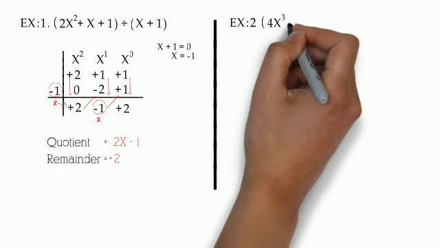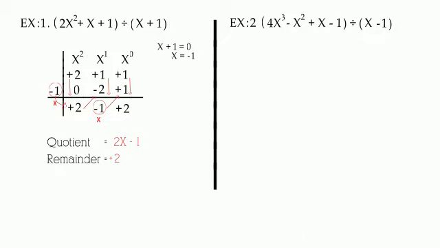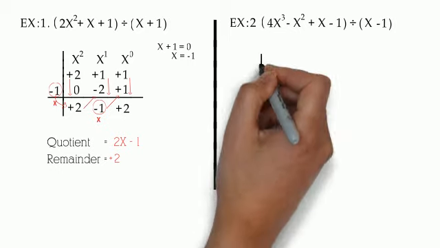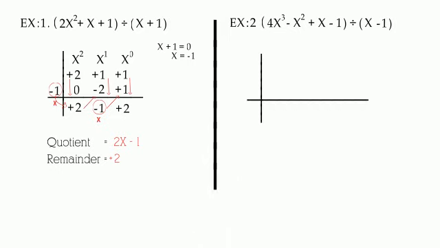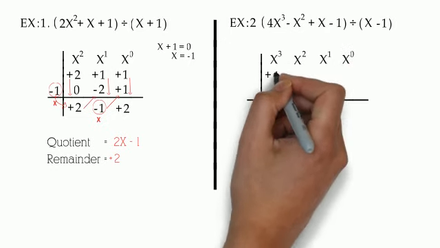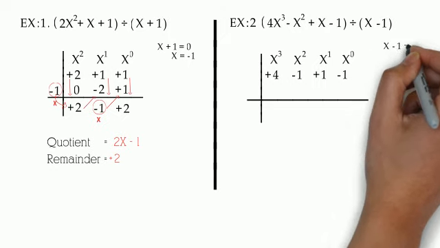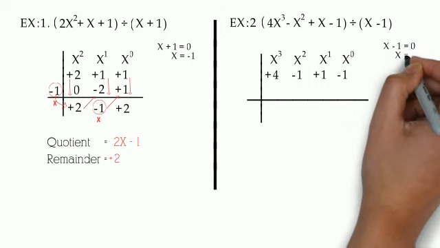4x cubed minus x squared plus x minus 1 divided by x minus 1. Try solving this with synthetic method. We follow the same procedure. First we write the powers of x in dividend in descending order, then its coefficient, then we equate the divisor to 0 and subject x.